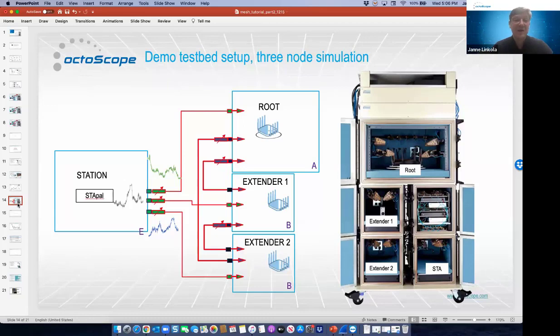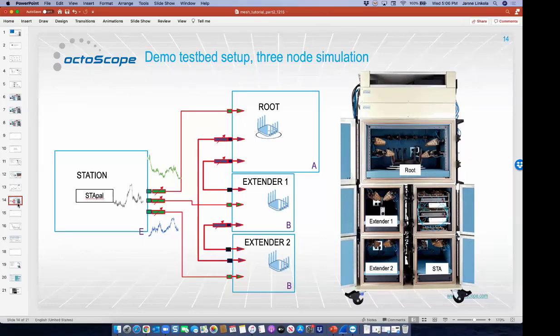There's a lot of non-optimal placement of extenders, and we want to actually test that, because it's a realistic usage scenario that we might come across. Maybe the mesh network works perfectly when the nodes are perfectly positioned next to each other, but it falls on its face when there's suboptimal placement of the nodes.